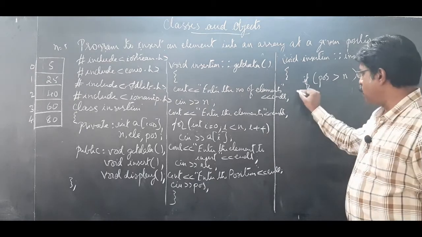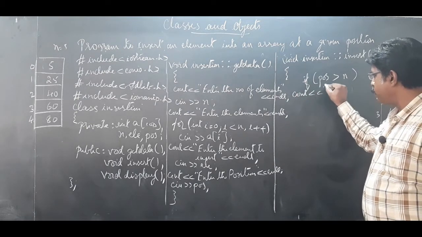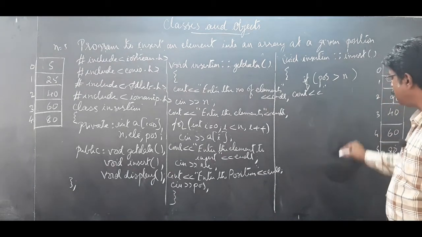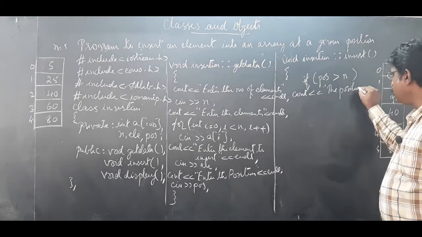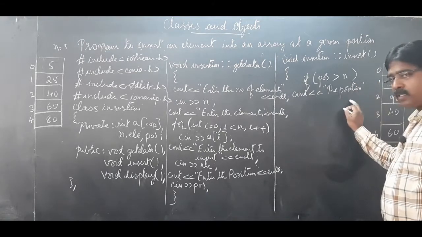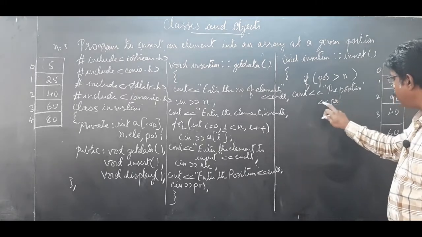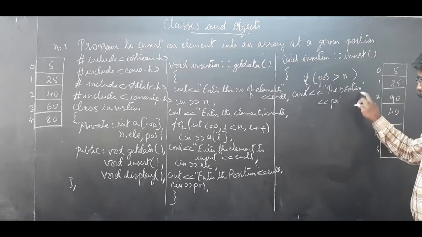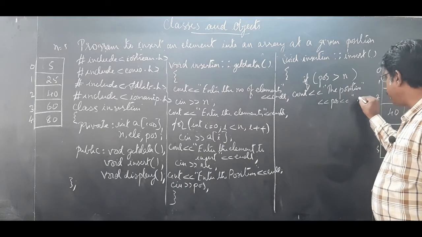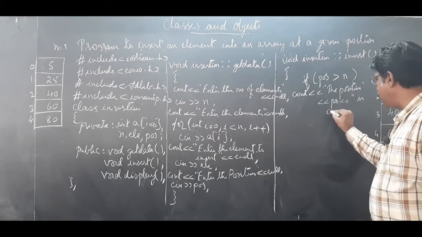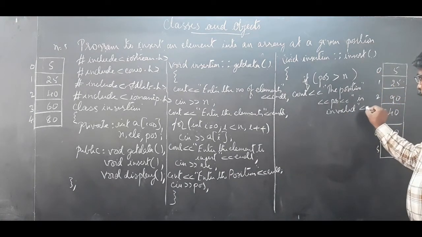So I am going to write cout, double quotes, then the position, close the double quotes, continuing to the next line, POS. So the POS value will be printed here: the position, whatever it could be, is invalid, endl.